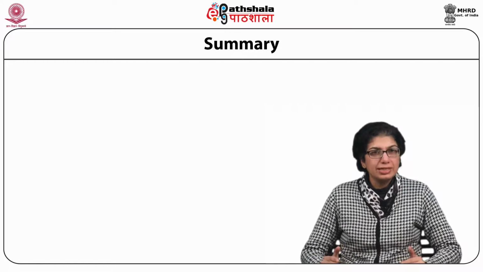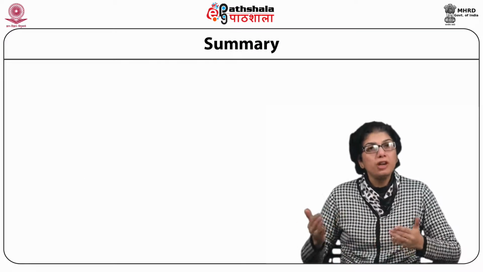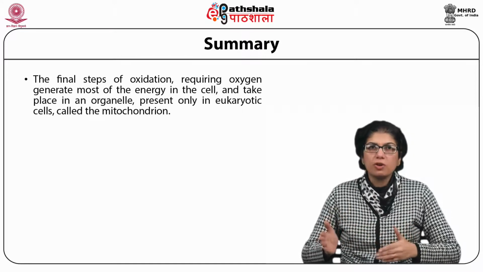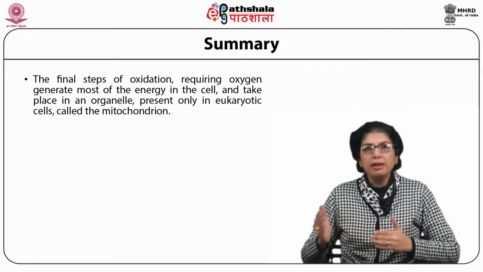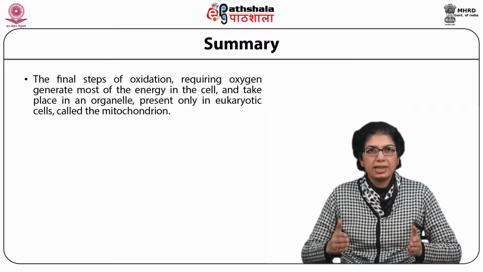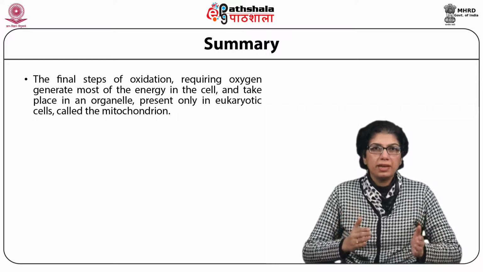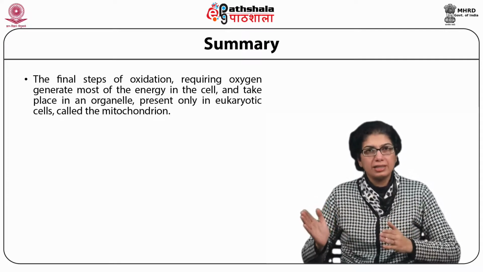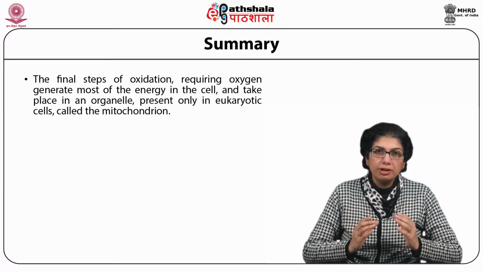So students, let us summarize what we have learnt in this module. The final steps of oxidation requiring oxygen generate most of the energy in the cell and take place in an organelle present only in eukaryotic cells called the mitochondrion.